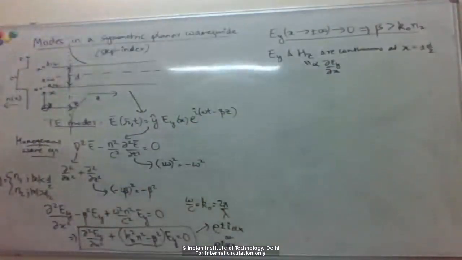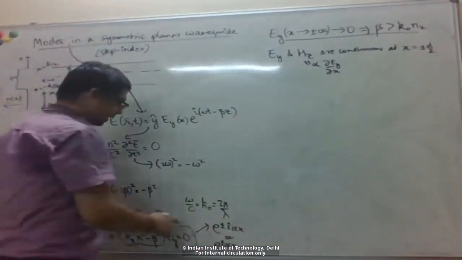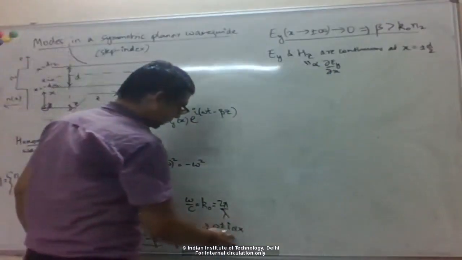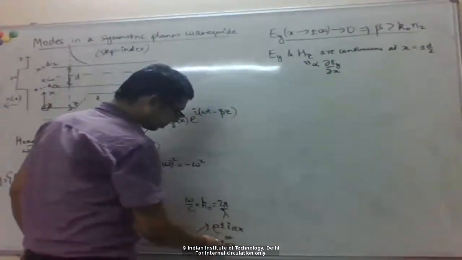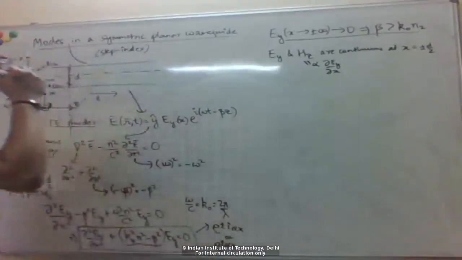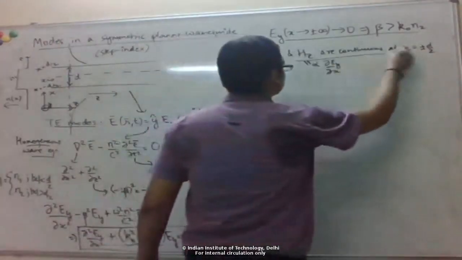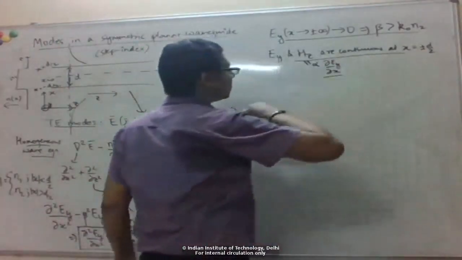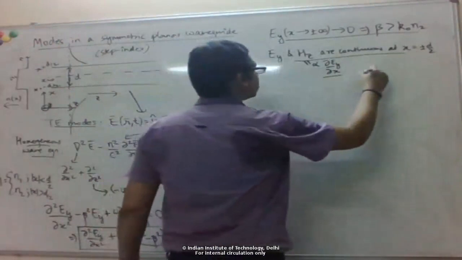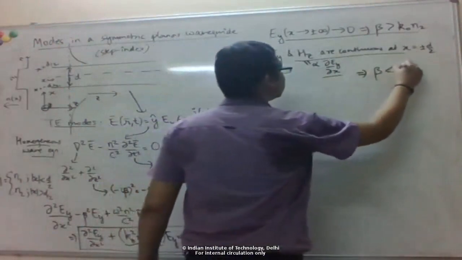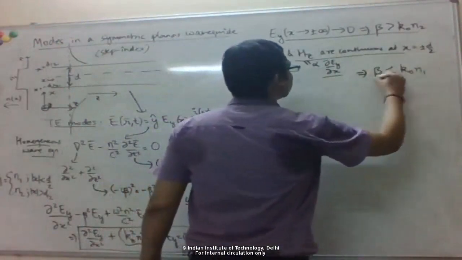And you can again check that for these kind of solutions, if you want to satisfy these boundary conditions, then beta has to be less than k naught n1.